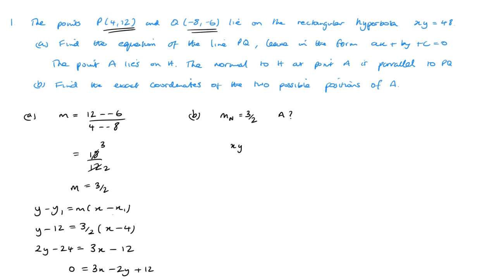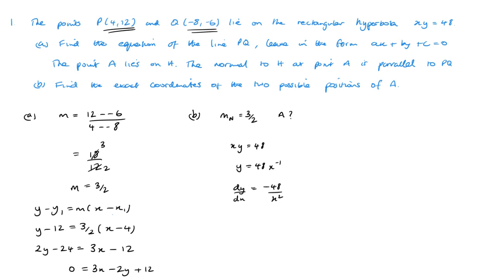So xy equals 48. Let's first write this as y equals 48 over x, and then differentiate to get my gradient.